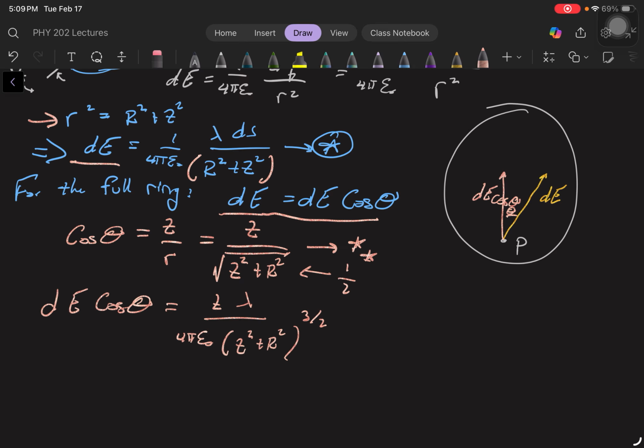Because you add exponents that are multiplied. Okay, and then we also have our ds.